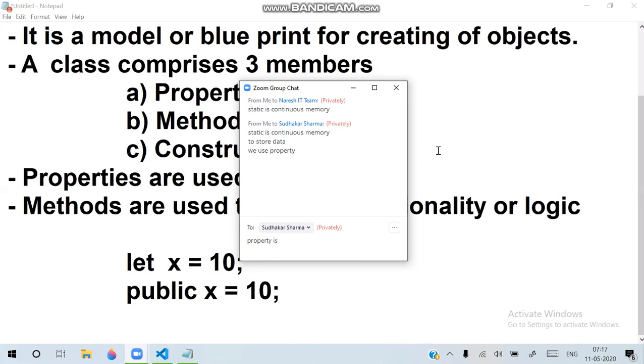Anyone else? Properties, behavior, okay. Property you say as a behavior, right?